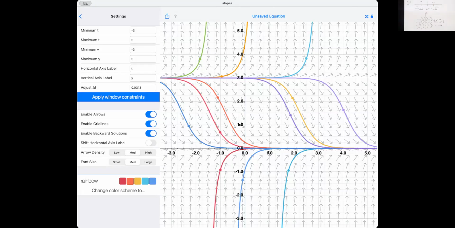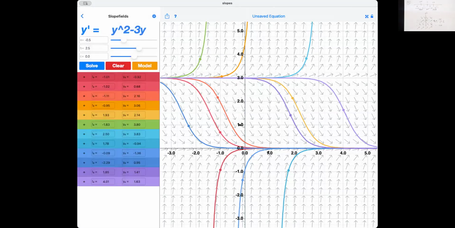Because our differential equation had no t values in it. This is y squared minus 3y. There's no t values over there at all. So no matter where you choose to start, from left to right, the graph looks the same.